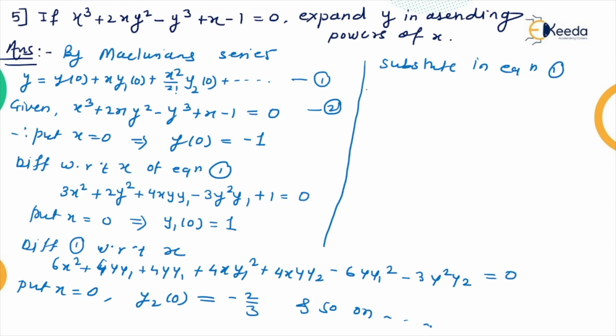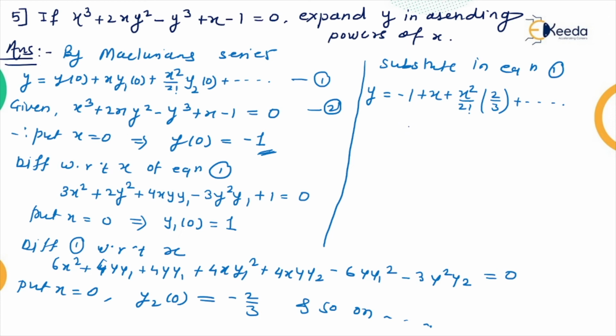It is y equal to y of 0, whose value is minus 1, so we get minus 1. The next term is plus y1 of 0, which is 1, so what remains is only x. The next term is plus x squared divided by 2 factorial into y2 of 0, which is minus 2 divided by 3, and plus and so on.